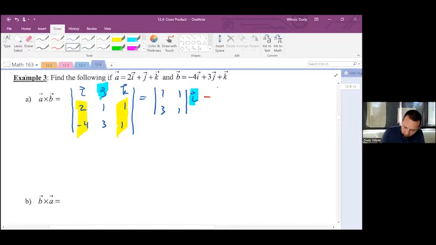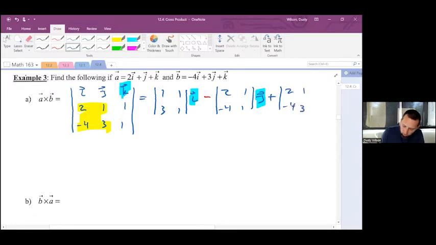So I have 2, 1, negative 4, 1 times j. And then plus. Lastly, I'll expand around the k. So if I expand around the k, then I will have the determinant of 2, 1, negative 4, 3 times k.